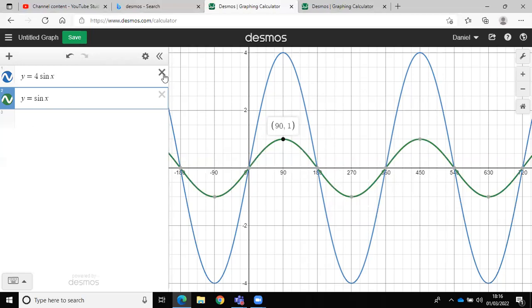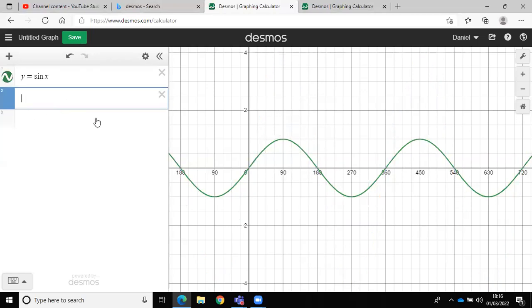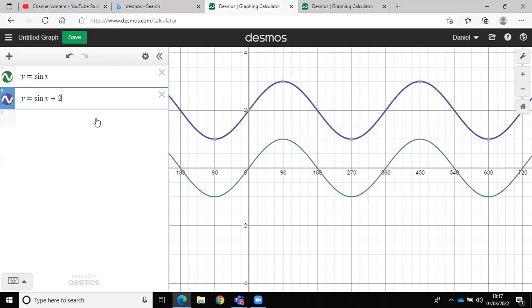The other ones we looked at, y equal to sine x, we put a number after the x, so we had plus or minus and then a number. If I remove y equals sine x and just focus on this one, we've still got the same amplitude.